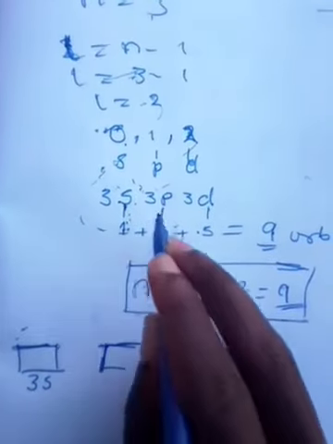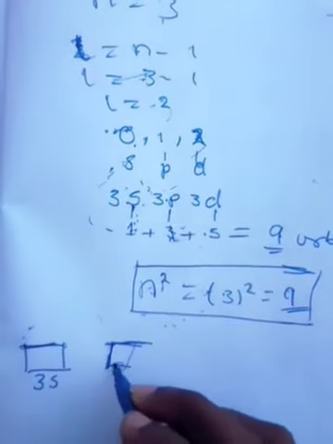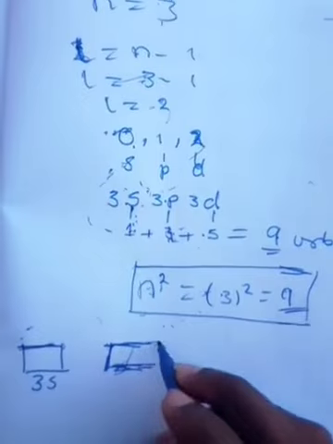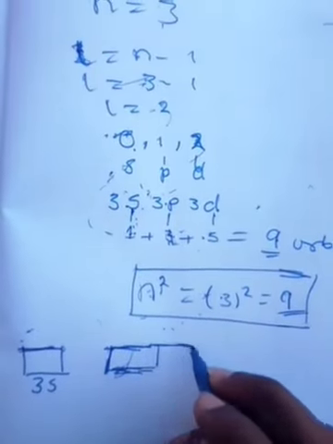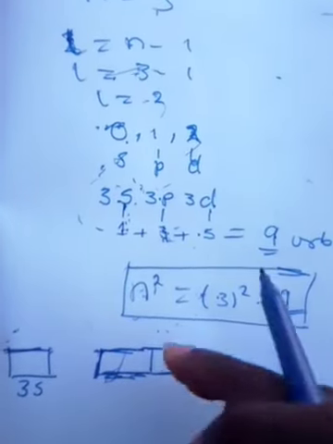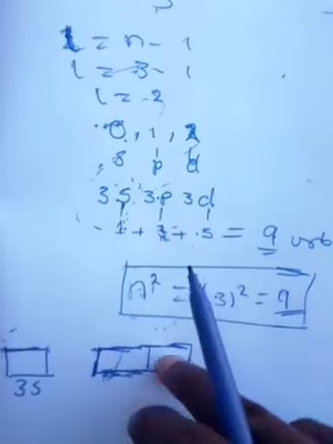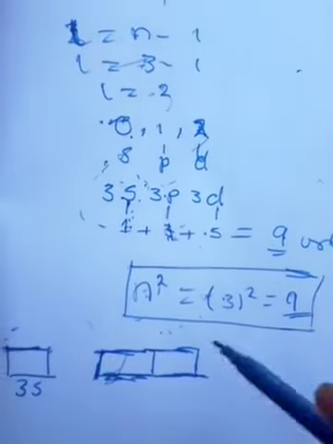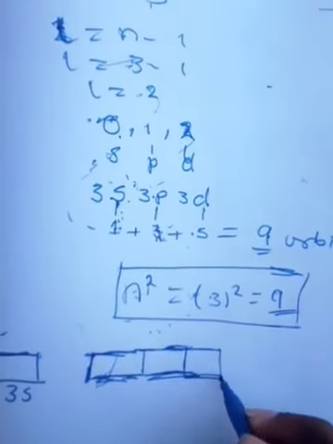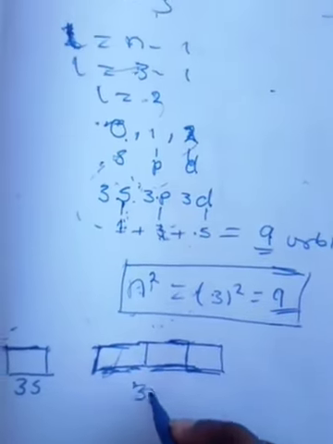For the second one, for 3p, we said that p has got 3, right? They need to be attached to each other. If they are found under the same subshell, they need to be attached to each other like this. So this represents 3p, right?